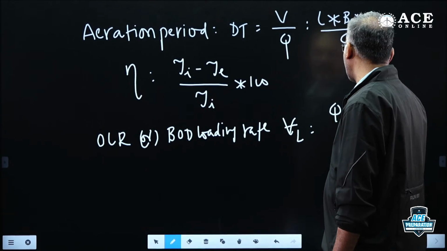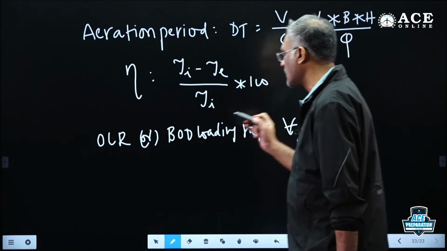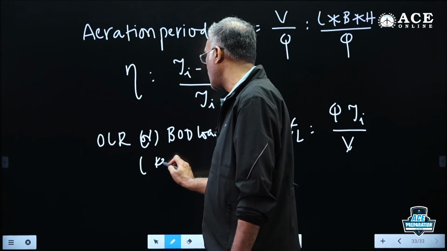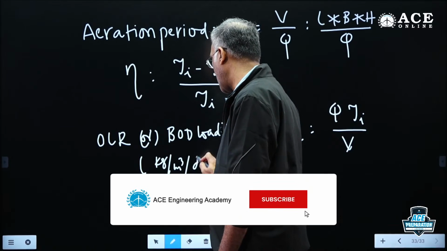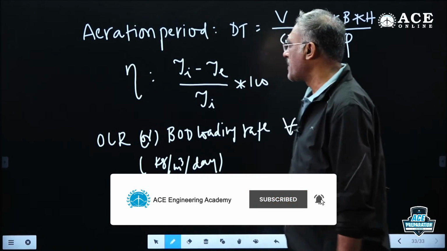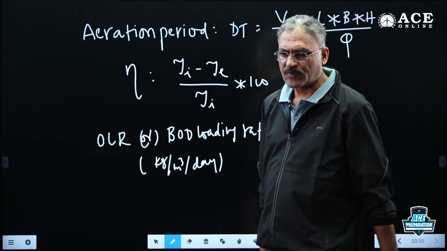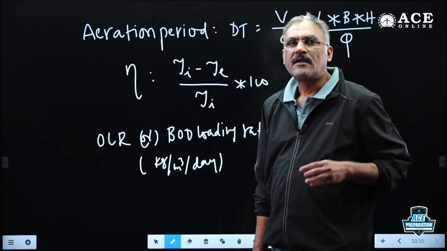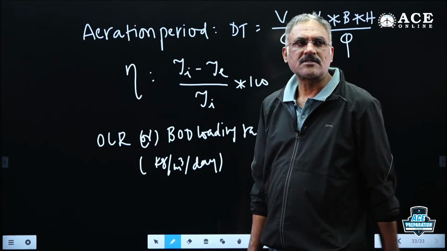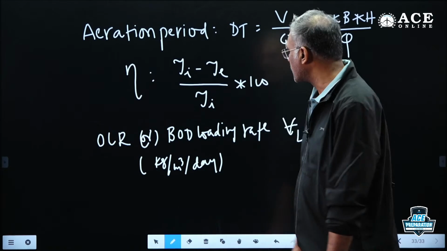It is Q into Yi by volume of aeration tank. We calculate this value in kilogram per meter cube per day. So many parameters are there in this activated sludge process system, which we use as design parameters to work out the dimensions of the system.